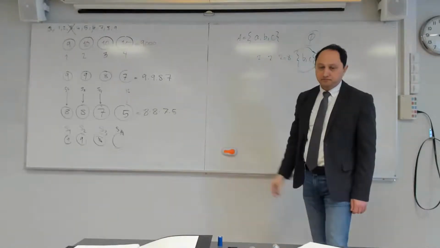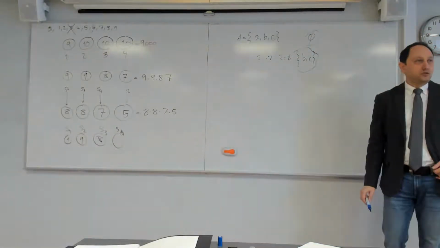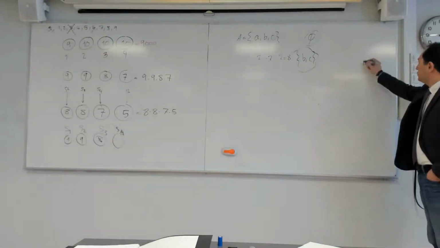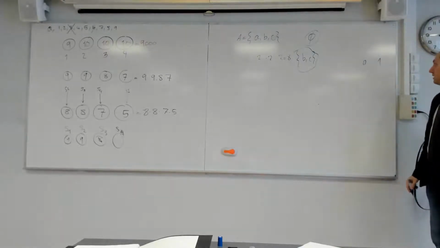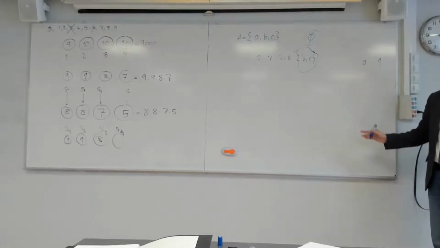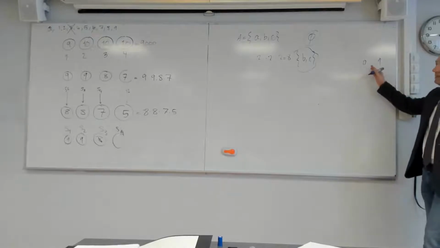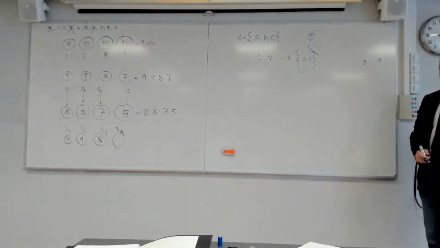For example, let me ask you a completely different question. I give you two numbers, 0 and 1, and I ask you to write all possible 3-digit binary codes, not numbers. How many 3-digit binary codes you can write with these 0 and 1?